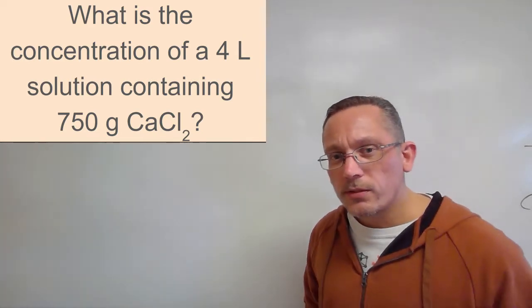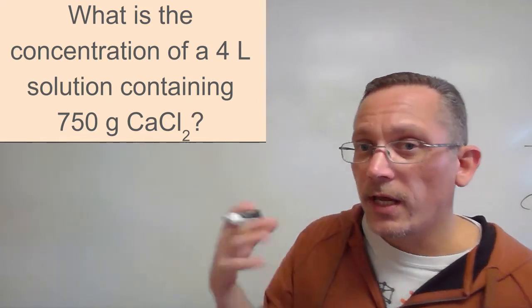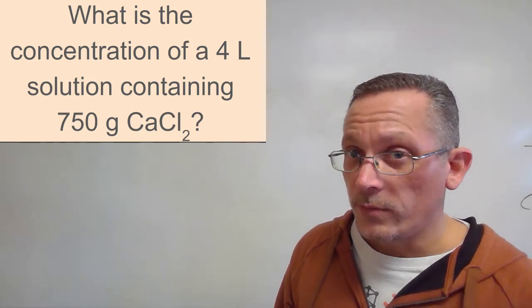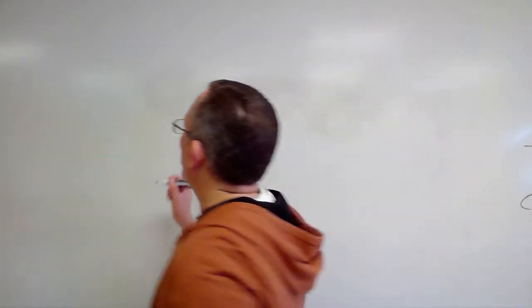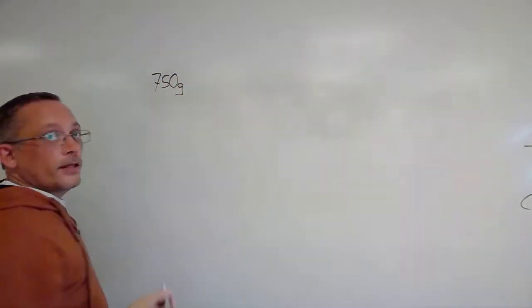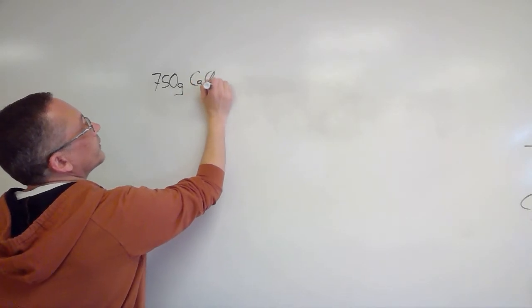Now what number are we going to start with? There are 2 numbers we can start with, right? We have liters and we have grams. And preferably, let's start with grams. So this is 750 grams of calcium chloride, CaCl2.